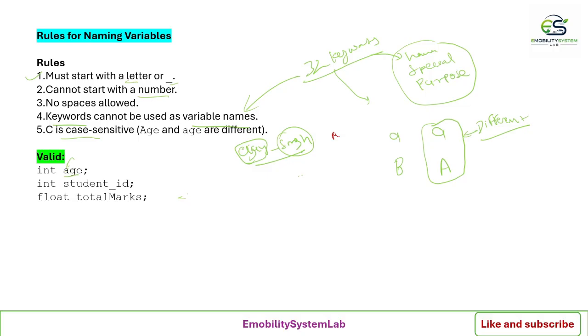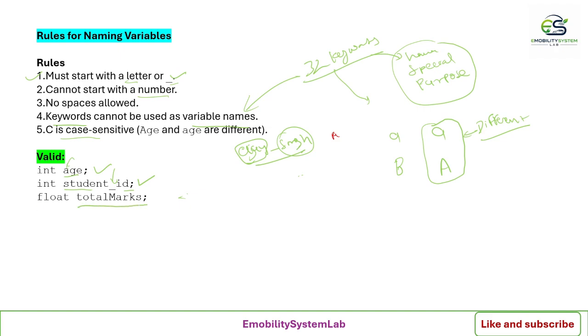So this is a valid variable name. Second, we see student_ID. Here we are using an underscore, which separates the two words, student and ID. This also follows rule number 1, so this is a valid variable name.